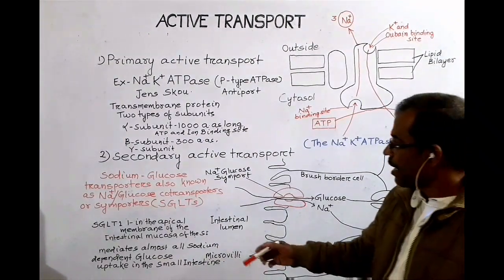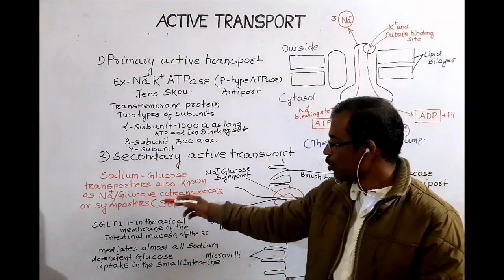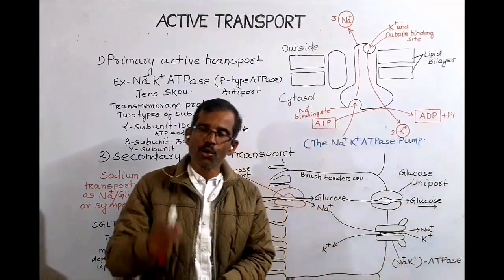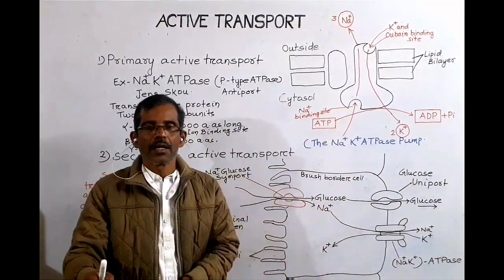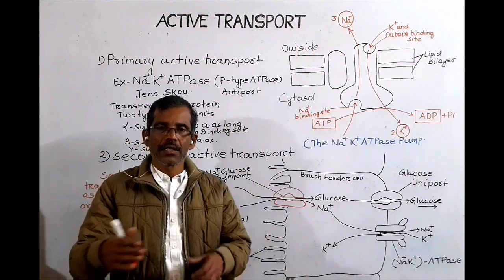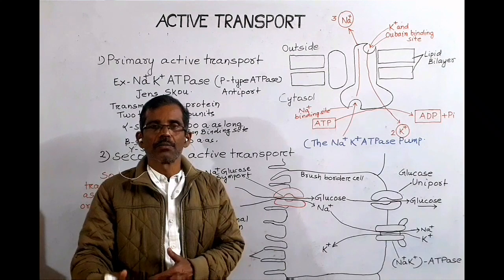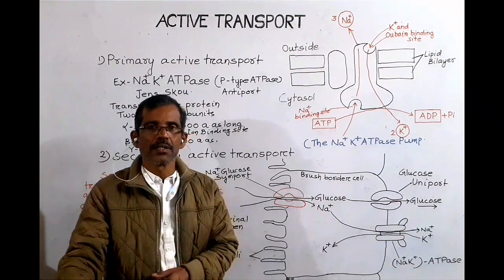So, the energy for this sodium glucose cotransport comes from a sodium gradient, and the Na+ gradient is established by the primary active transport system, that is Na+ K+ ATPase.